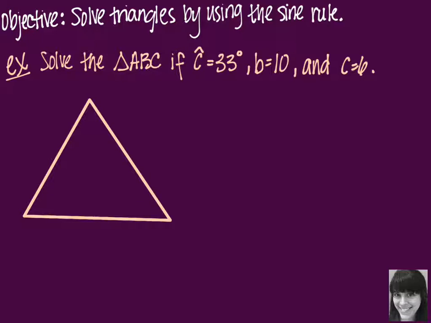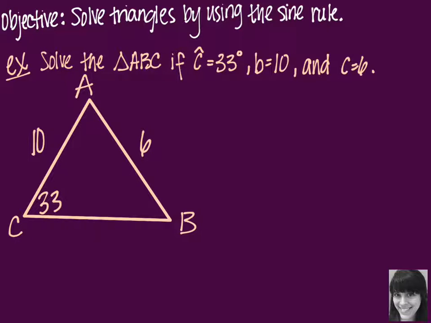Okay, so now we're going to label the sides and the angles. Let's say that this is A, B, and C. Angle C is 33 degrees. Side B is 10, and side C is 6.